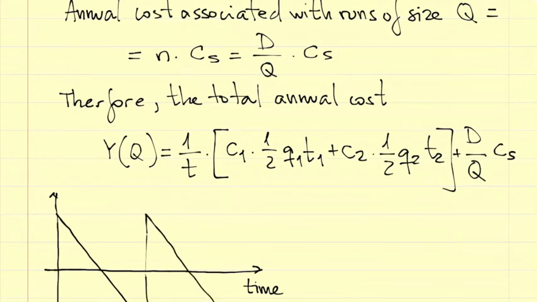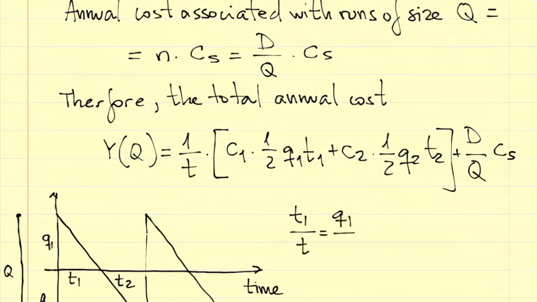This is T1, this is T2, and this is the total time, T. This is Q1, this is Q2, and this is the total Q. Because of the triangle relationships, there are similar triangles.